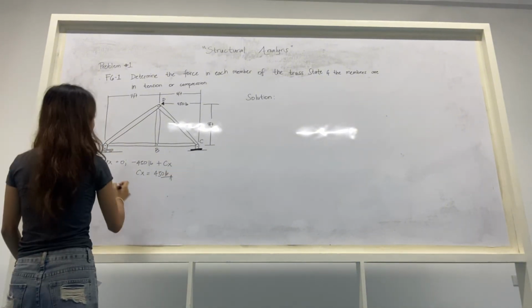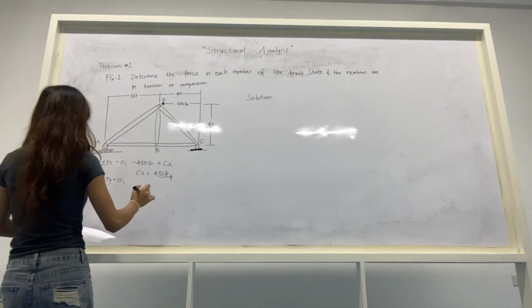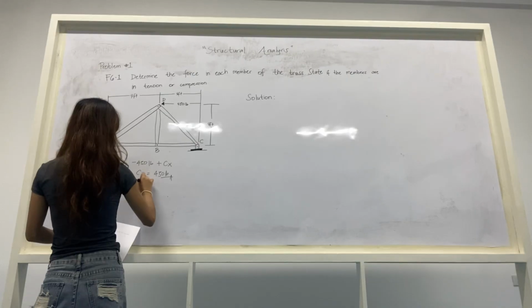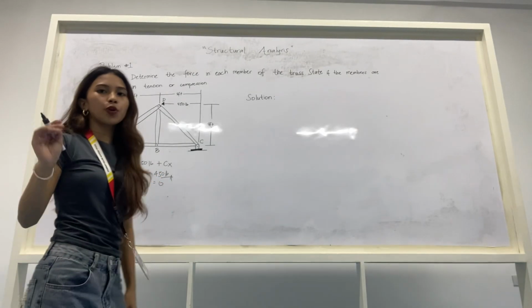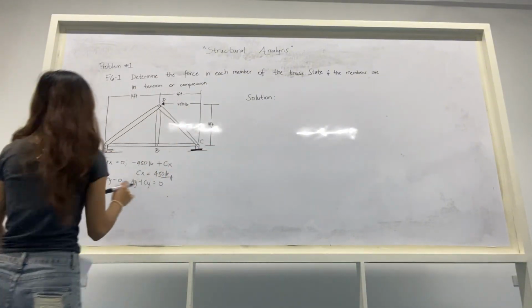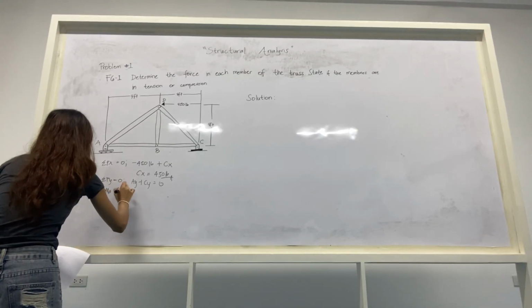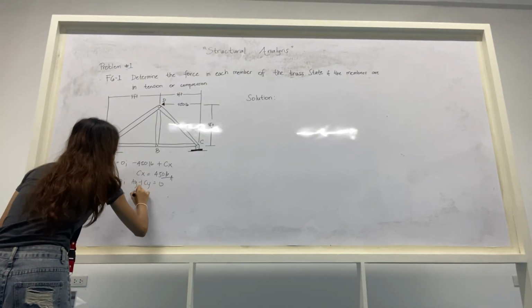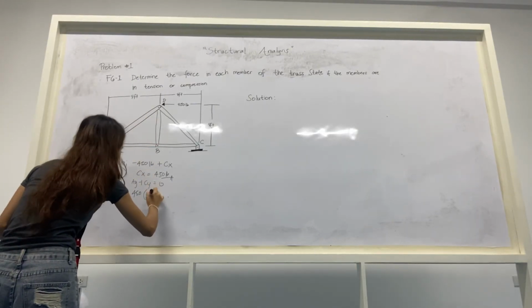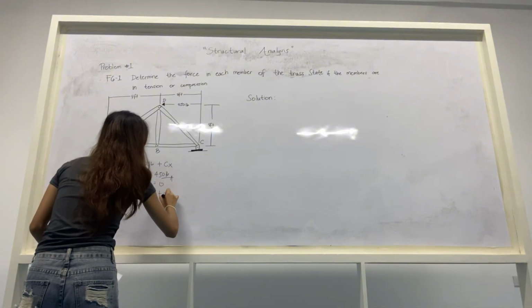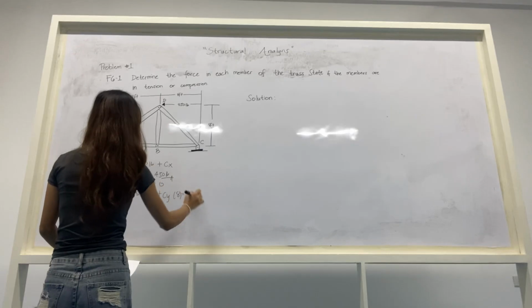Then we proceed to the summation of Fy equals 0, so Ay plus Cy is equal to 0. For our moment, the summation of moment at A is equal to 0. So 450 times 4 feet, plus Cy times 8, is equal to 0.